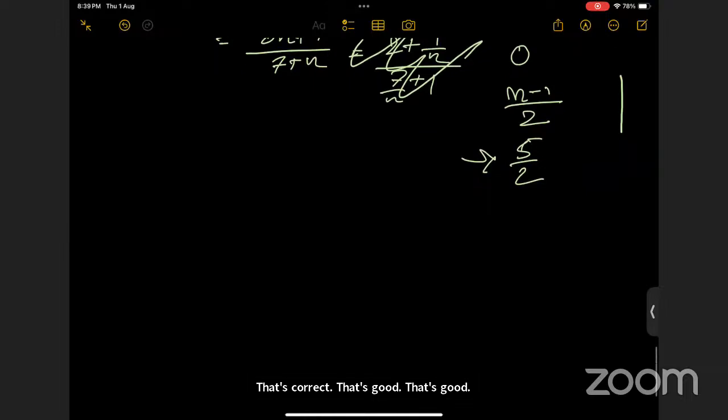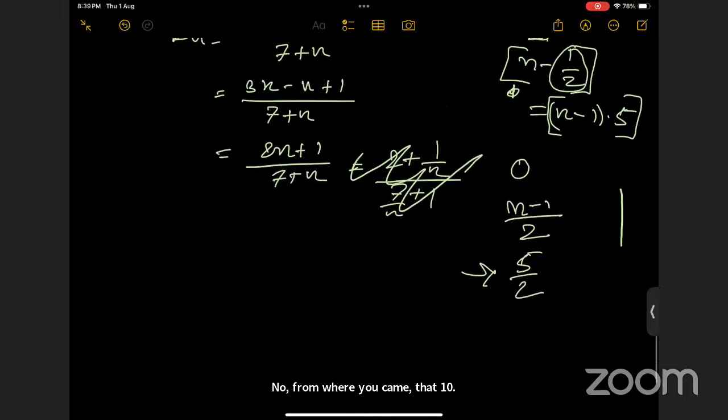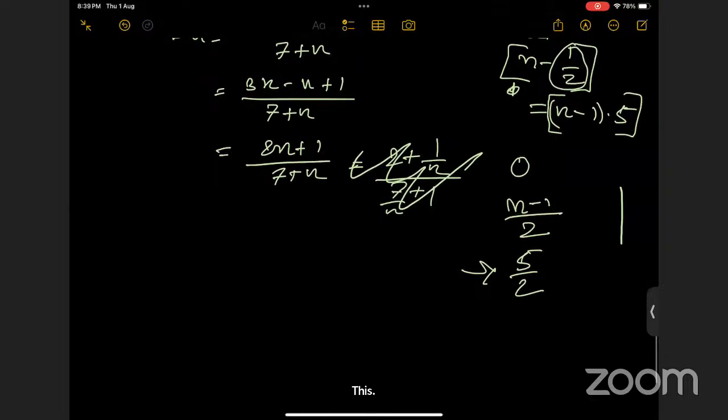Ma'am, from where did you get that n minus 1? Ma'am, can you please explain this? I'm still confused because I'm not able to understand how it's 5 by 2.